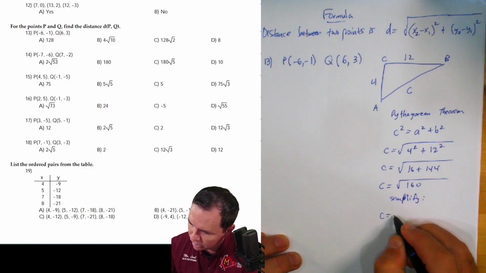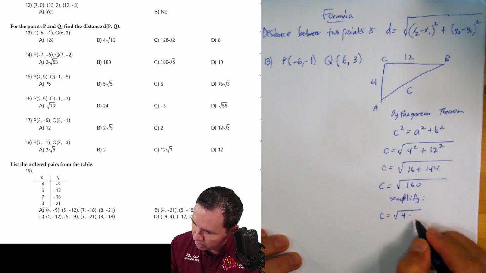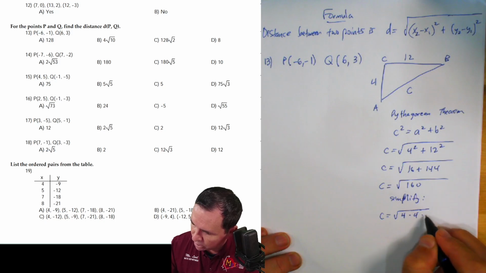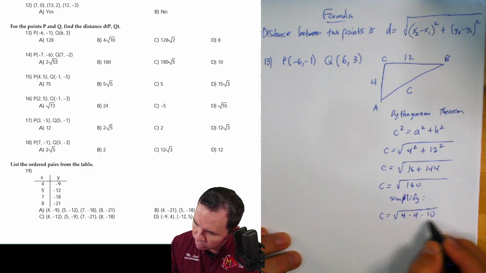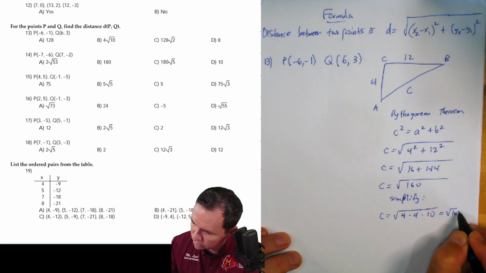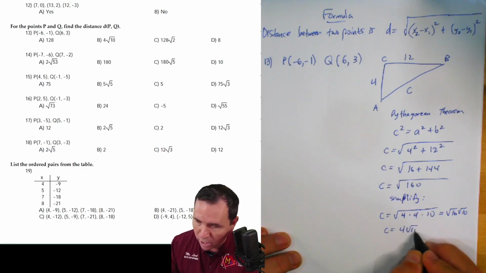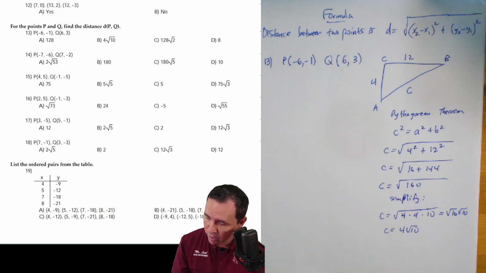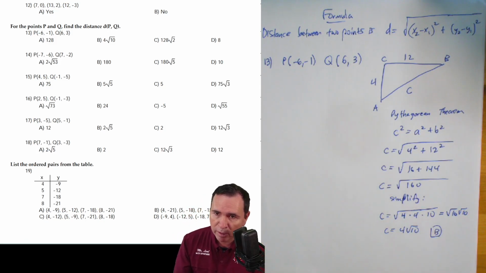Well, I can see that it's the square root of 4 times 4 times 10, right? 4 times 4, that's 16 times 10, okay? But 4 times 4 times 10 is the same thing as, you can split this up, the square root of 16 and the square root of 10. So C is going to be 4 square root of 10. And now you notice that letter B is the answer, okay? Letter B, the distance. The distance is letter B.